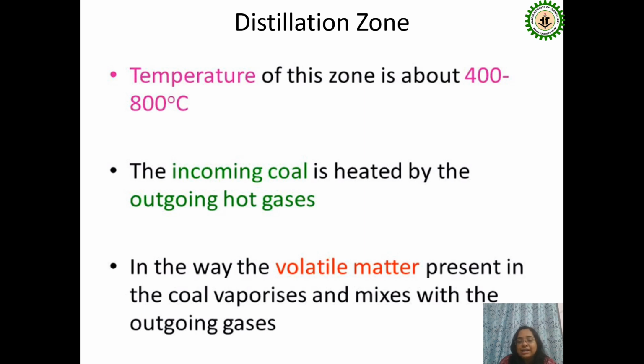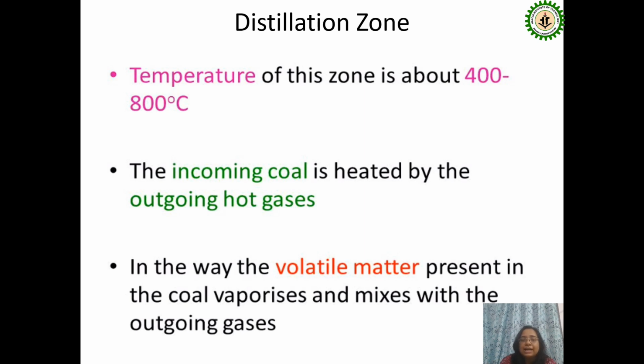In the reactor diagram, if we go back, we have seen that from the top we are feeding the coke, and from the bottom we are passing the supply of air and a little bit of steam. So air and steam go from the bottom upward, whereas the coke is fed from the top of the reactor.